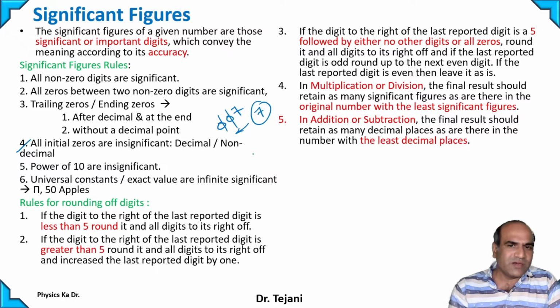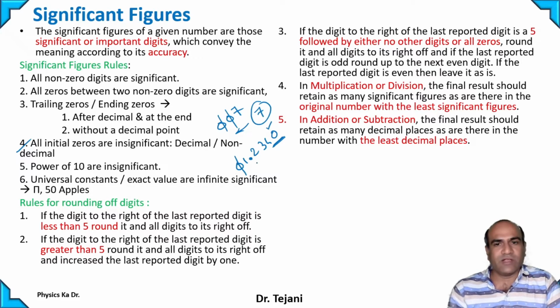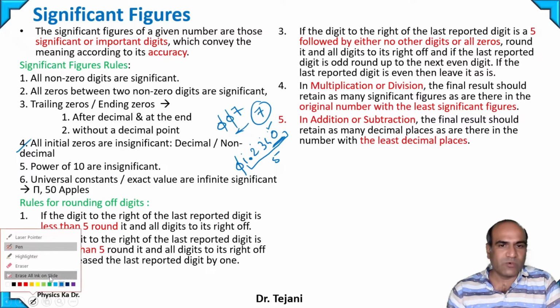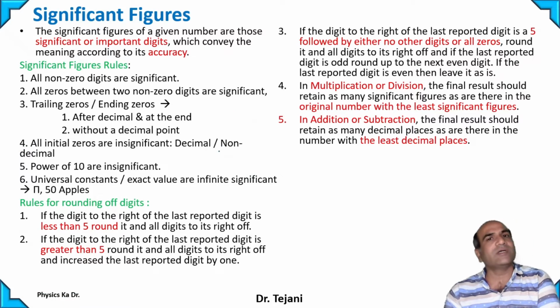So in significant digits, say for example 0.12340. See, there is a decimal, so the last ending 0 is significant, but the first 0 is not a significant value. So how many significant do we have? 5. 1, 2, 3, 4, 5. We have to consider all initial zeros insignificant. Initial zeros we have to remove. Whether it is decimal or non-decimal, it doesn't matter.